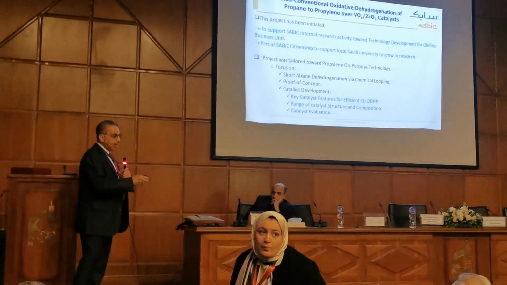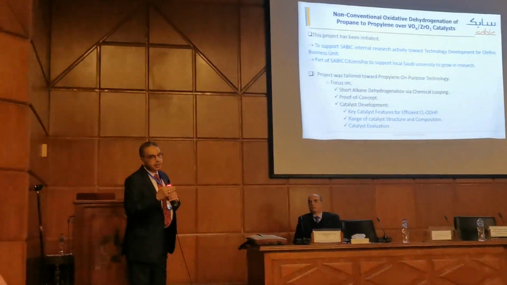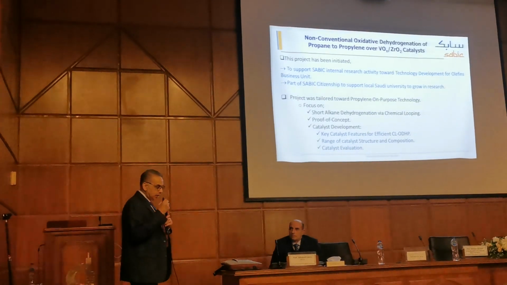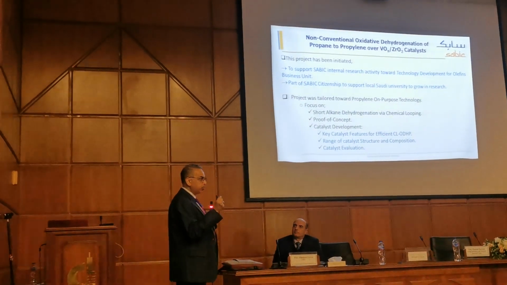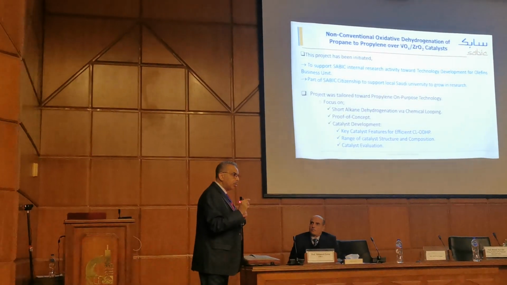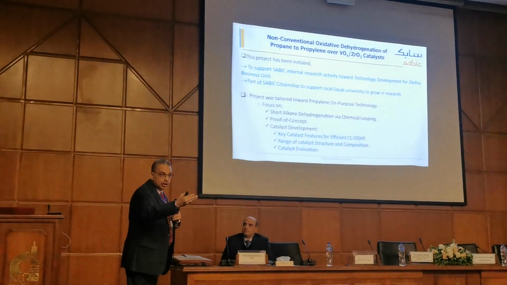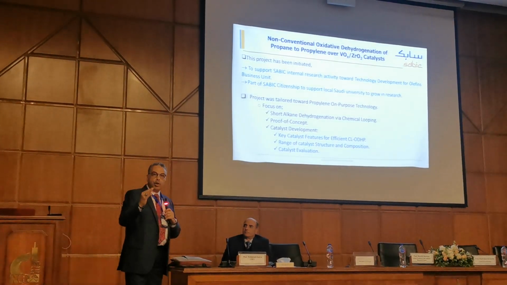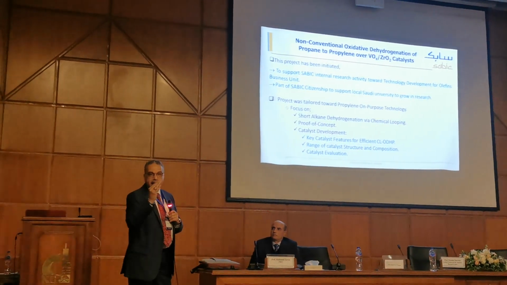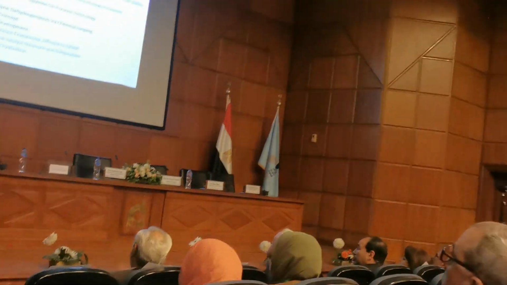Usually propylene comes as a side product from the petrochemicals during the cracking process. But the petrochemicals themselves, which come from petroleum, don't exceed 5%, because most of the petroleum is used as a source of energy. So imagine petroleum is going for energy, and only 5% goes to producing petrochemicals, which is not enough.